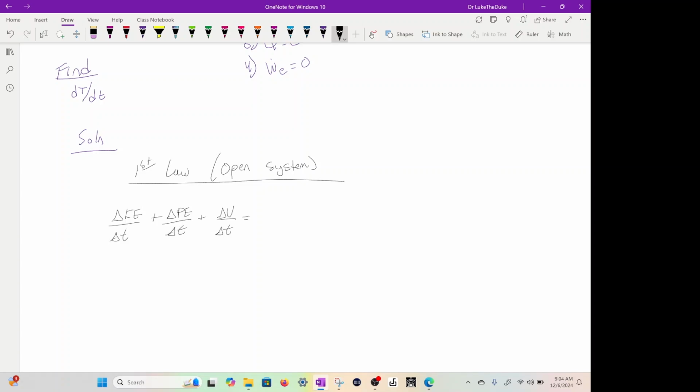This is the system. And then here is everything going through the boundary. So you have heat, work, and then energy of the fluid. So this is energy in, and then you subtract energy out.